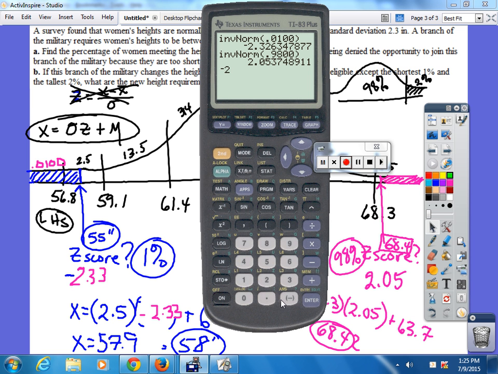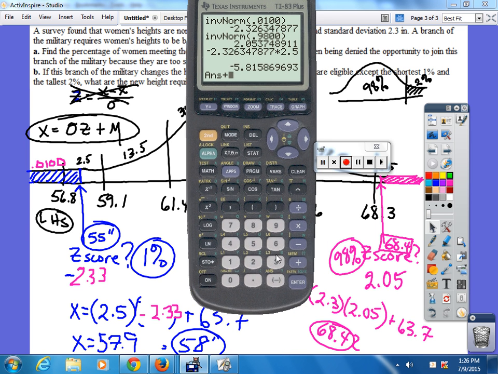Negative 2.32634777 times 2.5 plus, what is it, 63.7? Still not getting what they're coming up with.